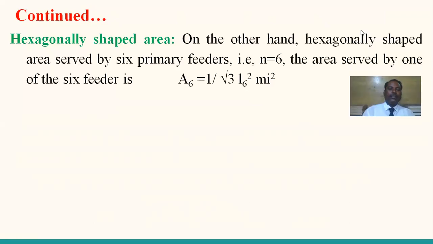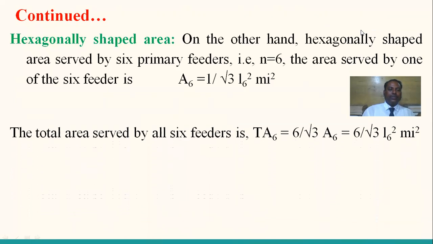On the other hand, for the hexagonally shaped service area served by 6 feeders, that is n equal to 6 here, the area served by one of the 6 feeders is A6 equal to 1 by root 3 into L6 square miles squared.